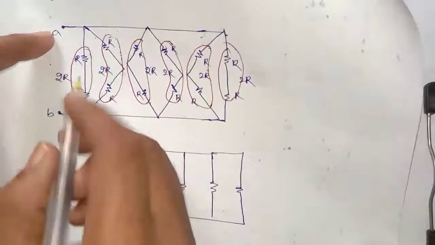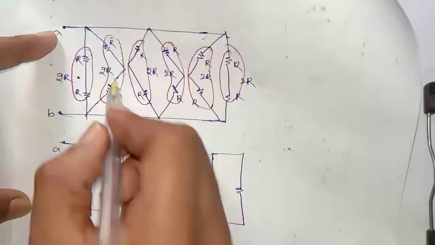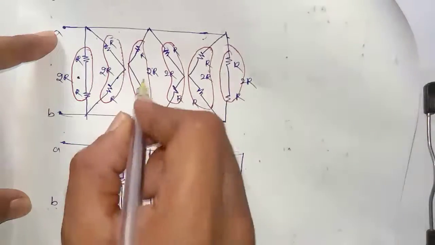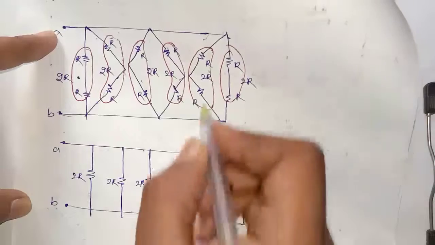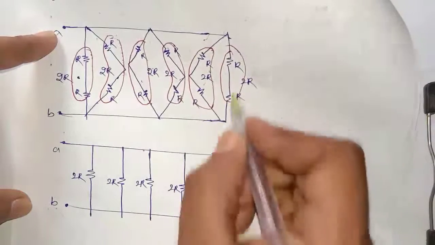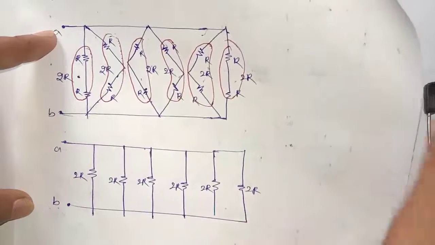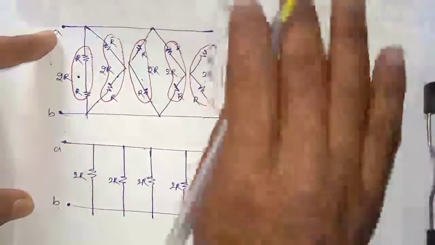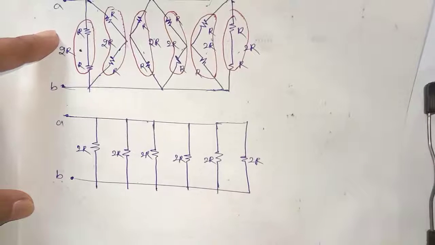So this is our 2R, and this 2R I am writing here, this 2R here, this 2R here, and the last 2R here. So this is our equivalent circuit.